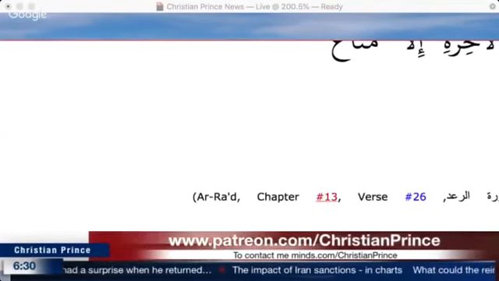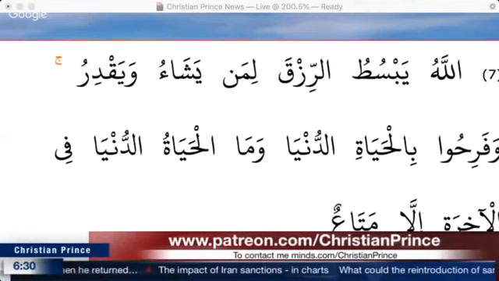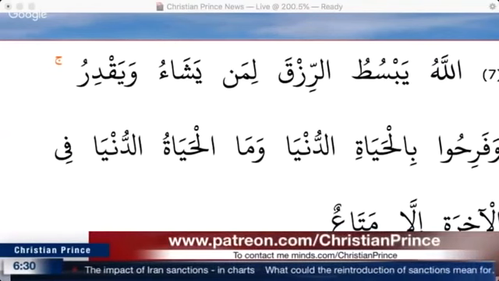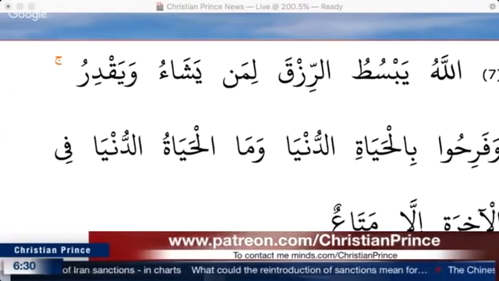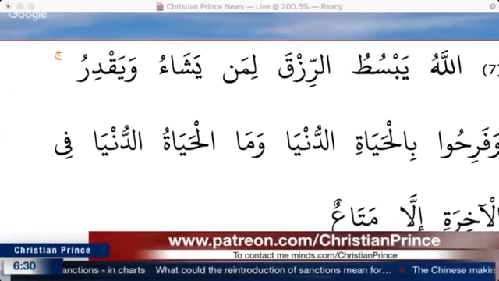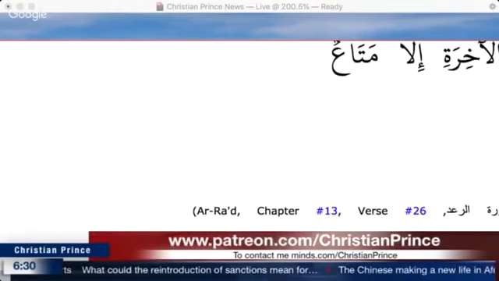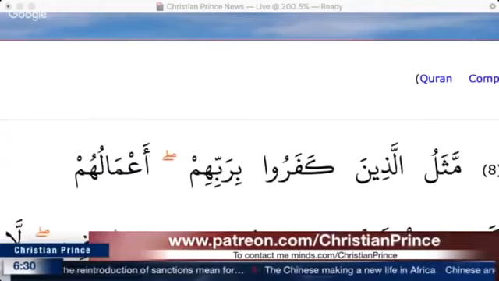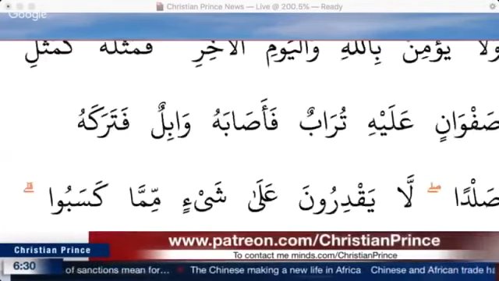In chapter 13, verse number 26, it says that Allah is the one who gives as he wishes, and he is the one who decides, he decrees. He decrees what exactly? It doesn't actually say that it's been written down.